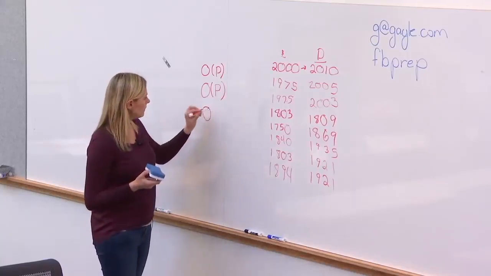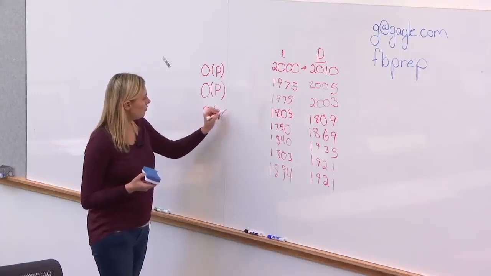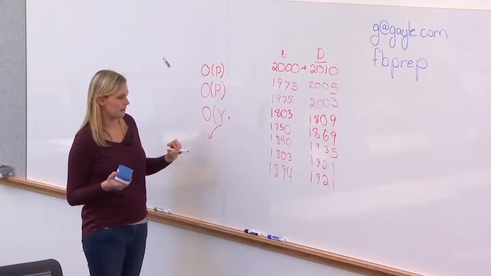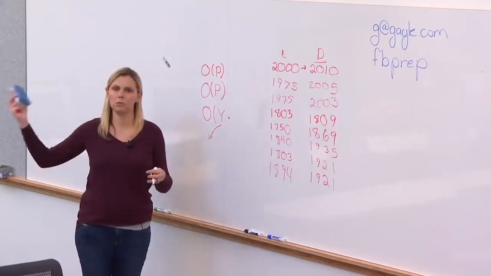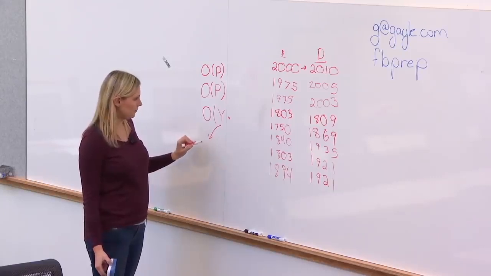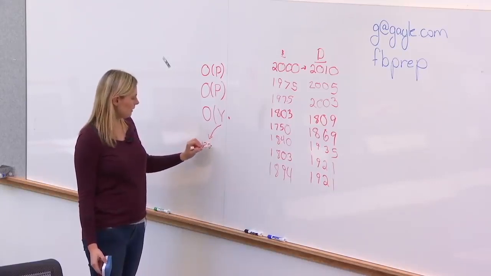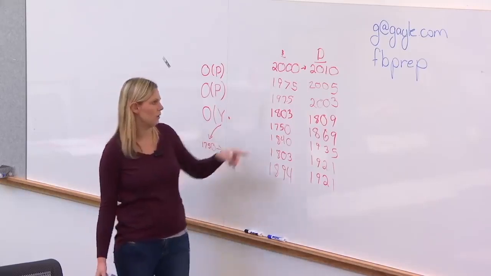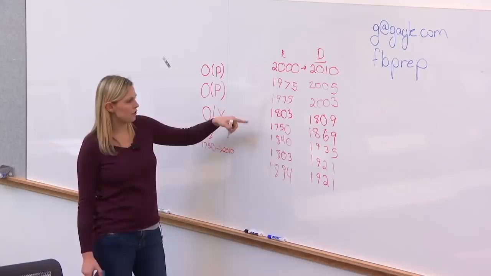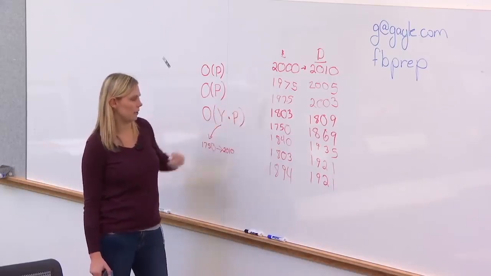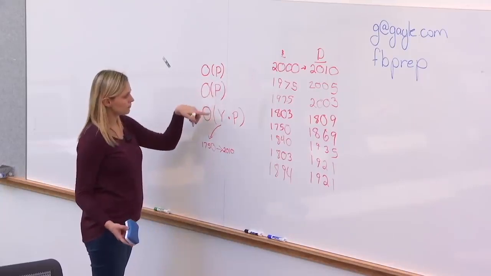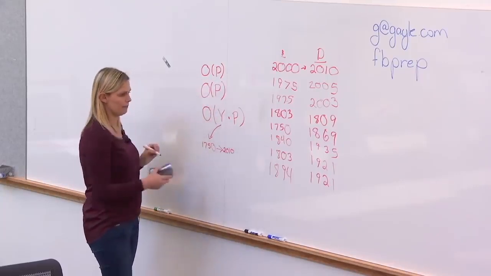So that's going to be O of Y, where Y is the range from when the first person was born to the last person died. In this case, that would be 1750 through 2010. And then for each of those years, we check how many people are alive then. So that'll be O of P plus O of P plus O of Y times P.